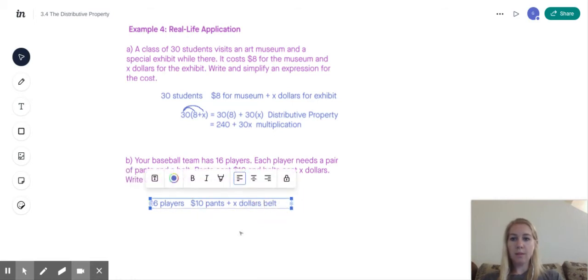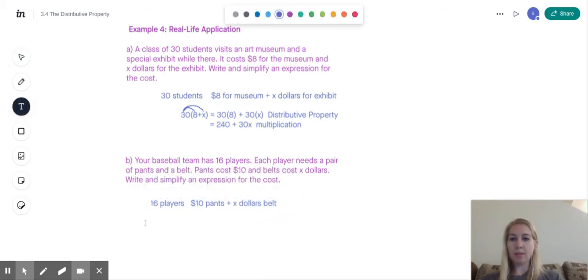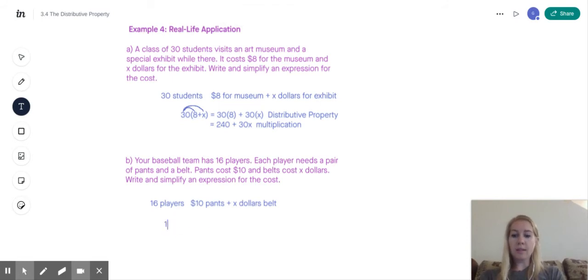Okay, so now let's get this into an expression here. So let's see, 16, and then there's $10 for the pants plus X dollars for belt. Well, if each player is going to need the pants and the belt, we're going to want to distribute the 16 again.